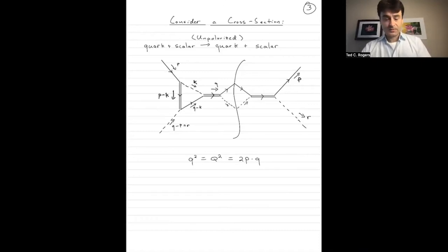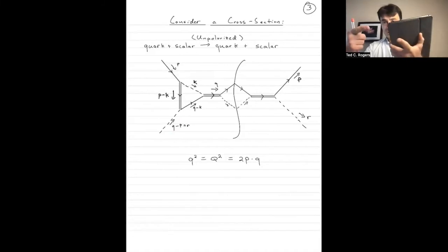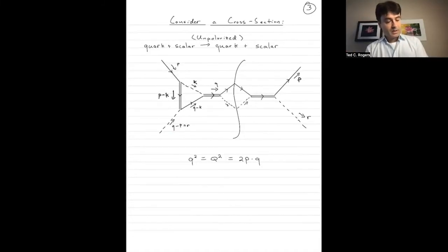So let's imagine we're living in a universe where this theory is an actual physical theory, and we want to calculate the cross-section for a quark, what I'm calling a quark here, and one of these scalar particles, pion or scalar gluon, whatever you want to call it, that they come in and scatter together, and they're going to fuse into a hadron, and a very far off shell hadron if we scatter them at very high energies.